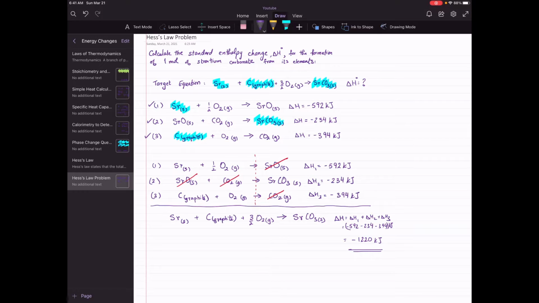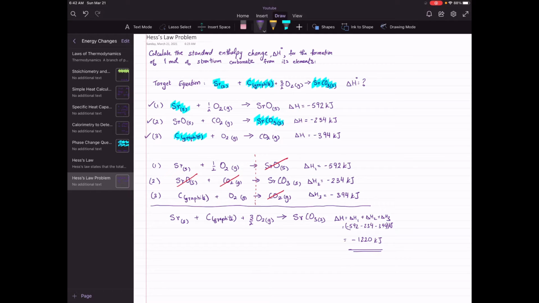In the second equation, we identified strontium carbonate as something unique, so we used that to manipulate equation number two. For the third equation, we saw carbon in the graphite form as something unique. We did not pick oxygen because that was not unique to that equation. We picked graphite because it would help us easily manipulate the equation to get our target equation.